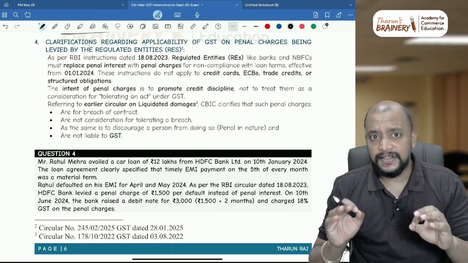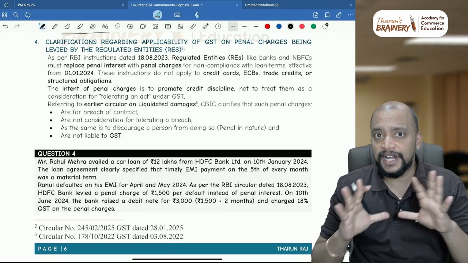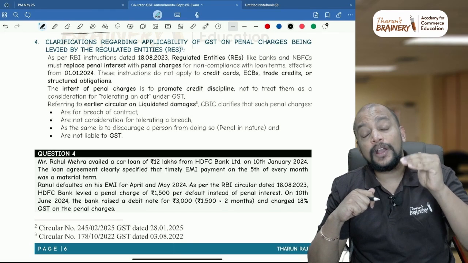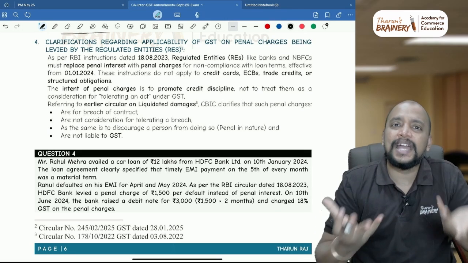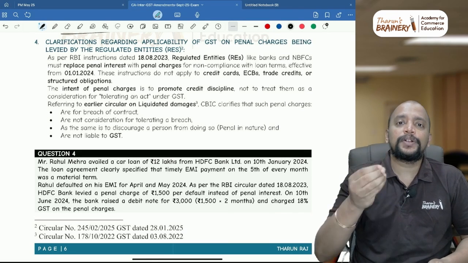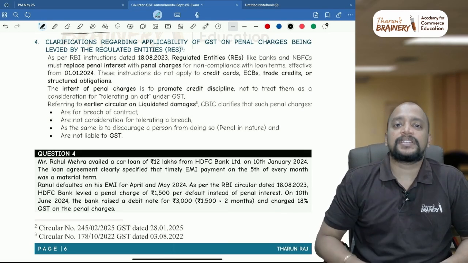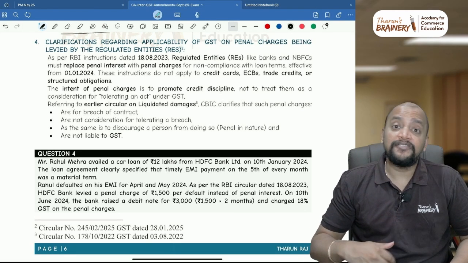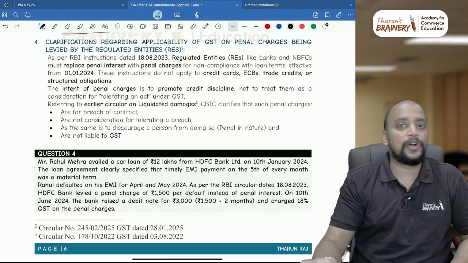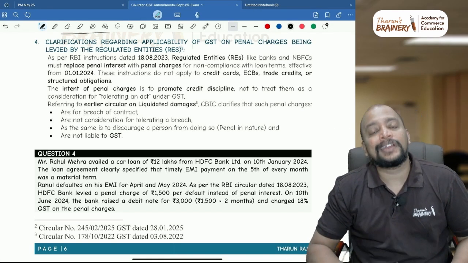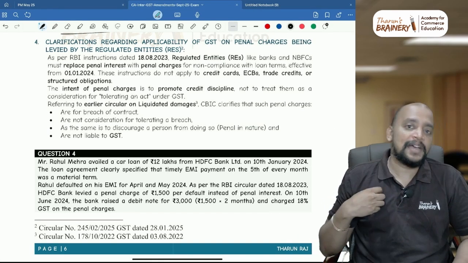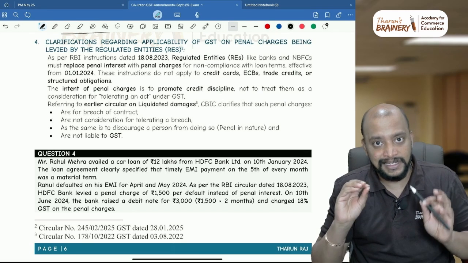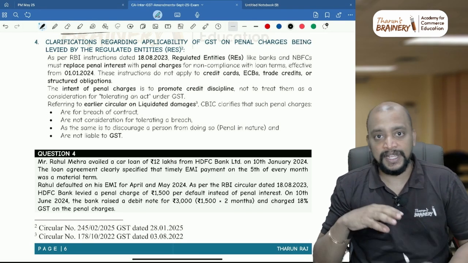Liquidated damages will first be divided into mere compensation. Liquidated damages means some amount which is collected by the person who suffers the breach of contract, from the person who breaches the contract. For example, if you breach the contract, you will be giving me liquidated damages because I suffer the damages. Some money you will be giving me.